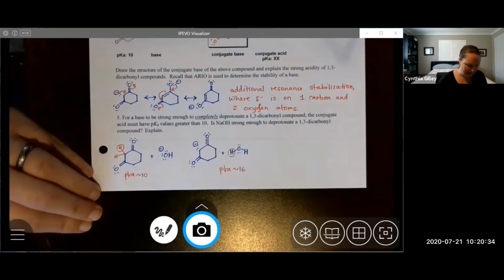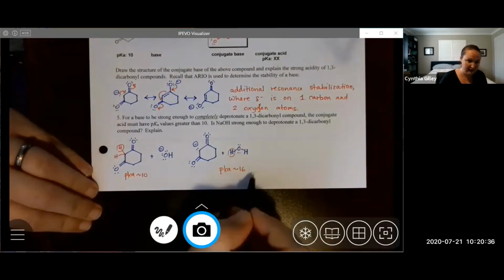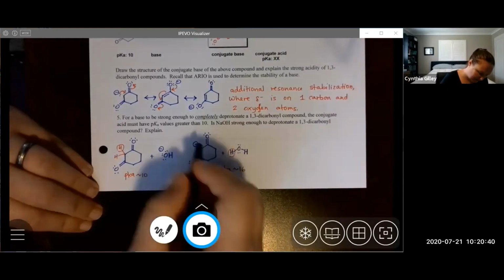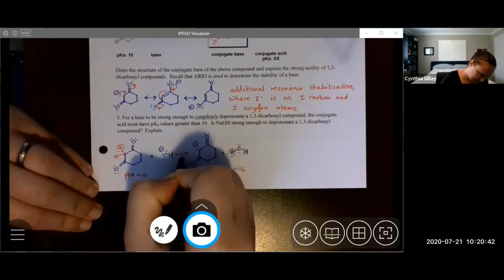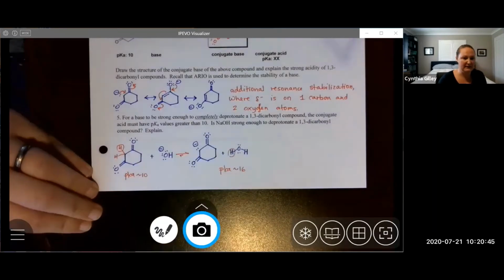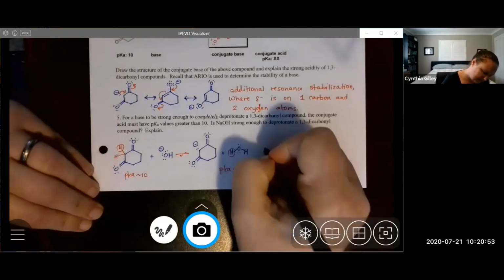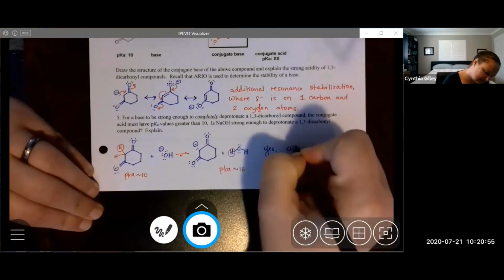So that means that this is the higher pKa, so this is the weaker acid, and the equilibrium always favors the weaker acid. And so there are about 10 to the 6 more products than reactants in this case. So yes, hydroxide is strong enough.